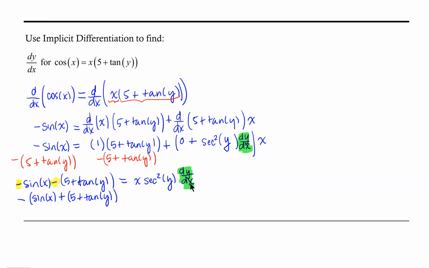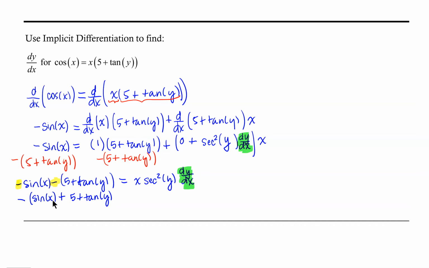And now because I factored that negative from the 5 plus tangent of y, I've pulled that out in front of a grouping symbol, in front of parentheses. I no longer need these parentheses around the 5 plus tangent of y.